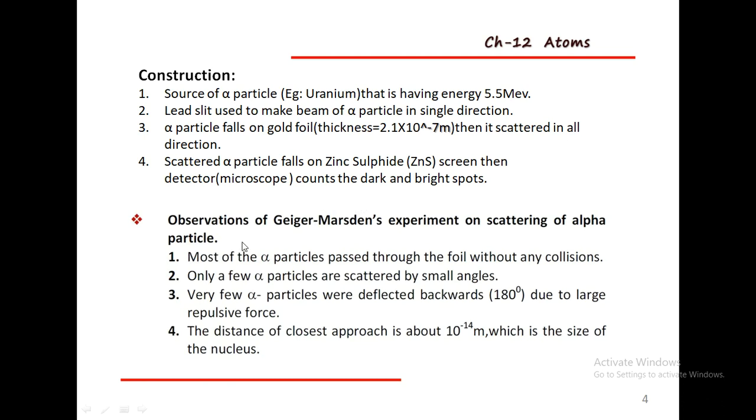First, most alpha particles passed through the foil without any collisions, so almost all alpha particles come out within 0 to 1 degree only. Then only a few alpha particles are scattered by a small angle, more than 1 degree, and very few alpha particles were deflected back at 180 degrees due to a large repulsive force.